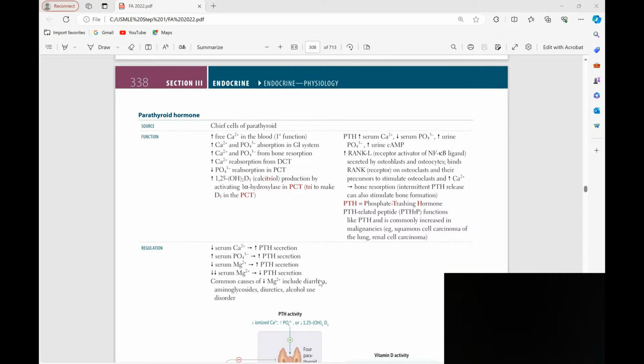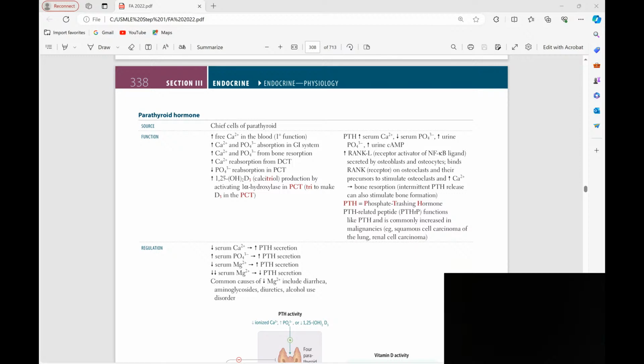So let's begin. We'll go with parathyroid hormone. As we know, it's the hormone released by the chief cells of the parathyroid gland. And for the main function, just remember two things.